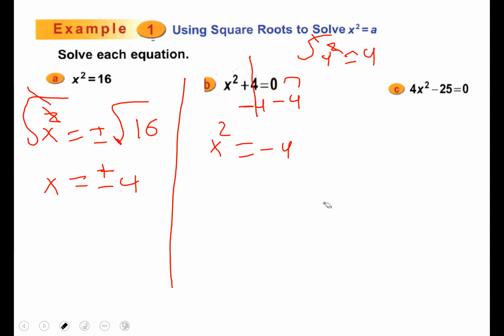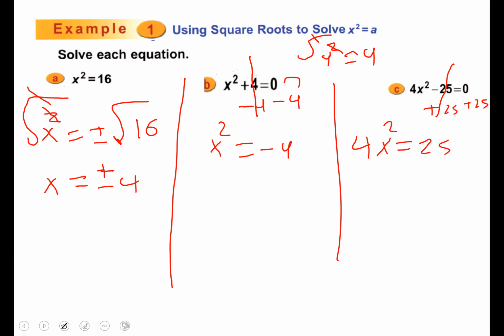Letter C. For 4x squared minus 25 equals 0. As you said before, we are going to add 25 to both sides. You can cancel out negative 25 with positive 25. What's left? 4x squared equals 0 plus 25 equals 25.